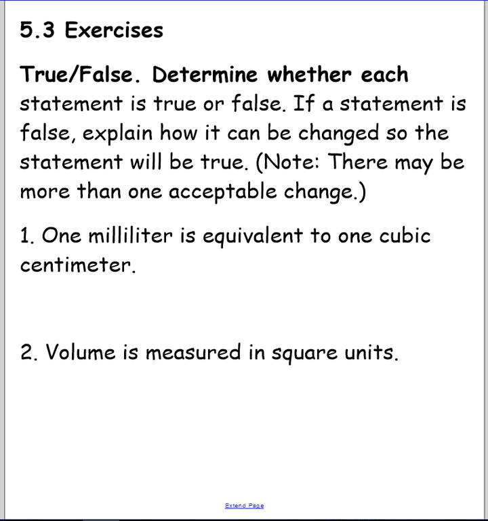So let's take a look at some true-false statements. Our first one says that 1 milliliter is equivalent to 1 cubic centimeter. That is actually true. And we saw similar conversion with looking at our definitions.